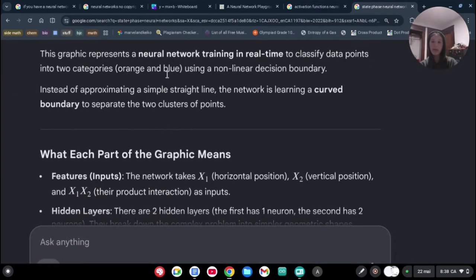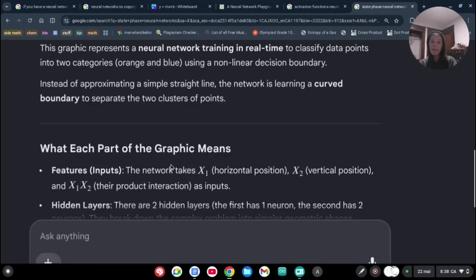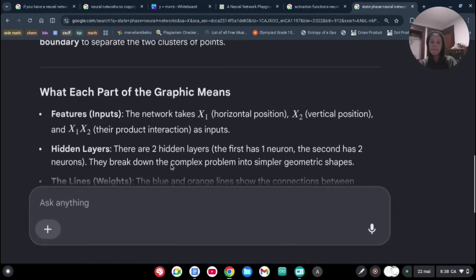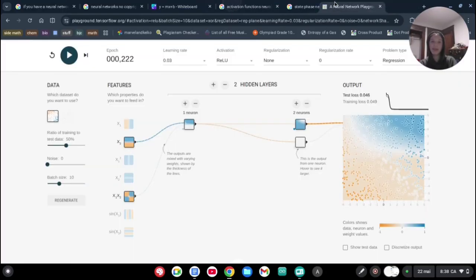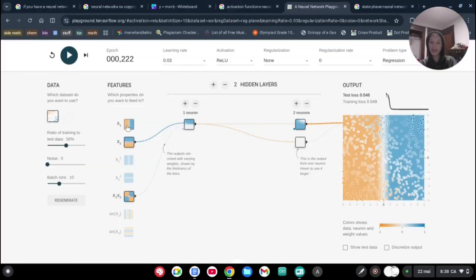Yeah, so kind of like, I guess I was trying to say, maybe it's approximating the boundary between orange points and blue points, and it's curved, and it can actually understand this and approximate this. Okay, so let's be taught.